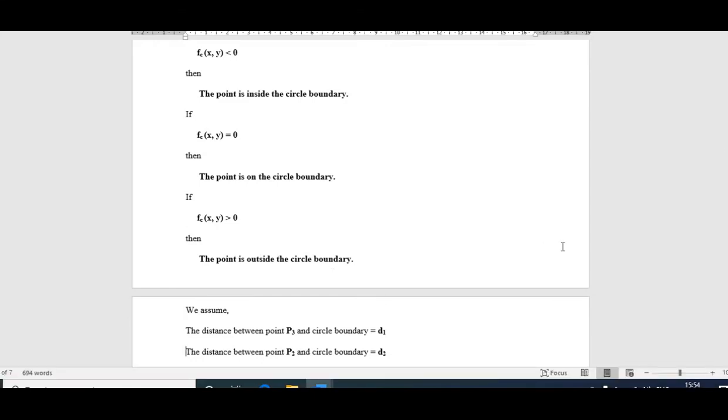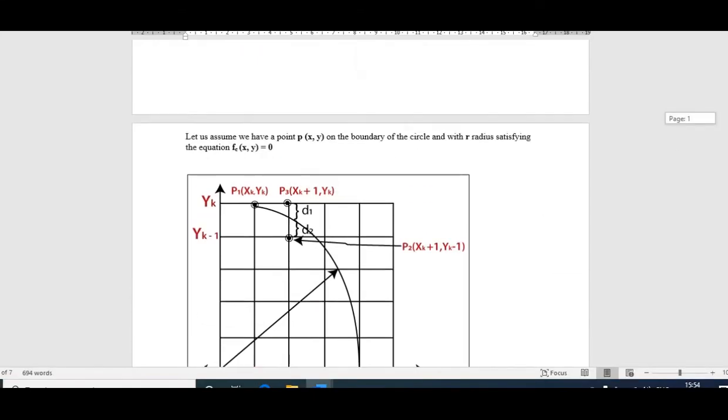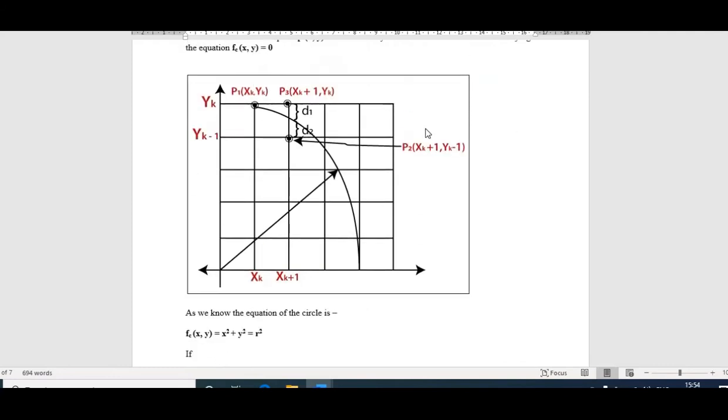Okay. So here in the figure there are 3 points, that is P1, P2 and P3. The P3 point has x and y coordinates xk plus 1 and yk, because here P1 is the point xk and yk.